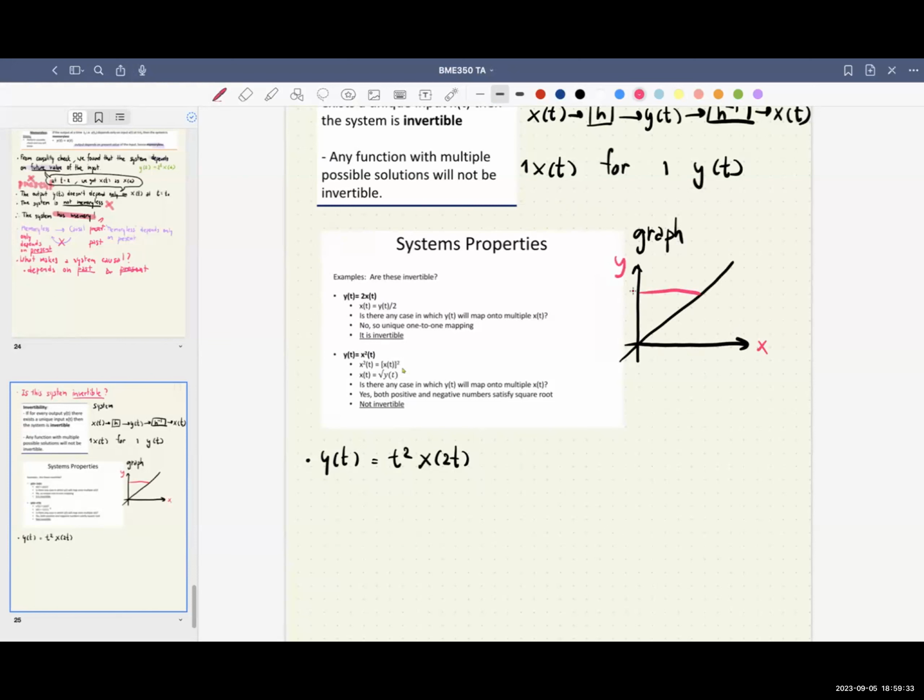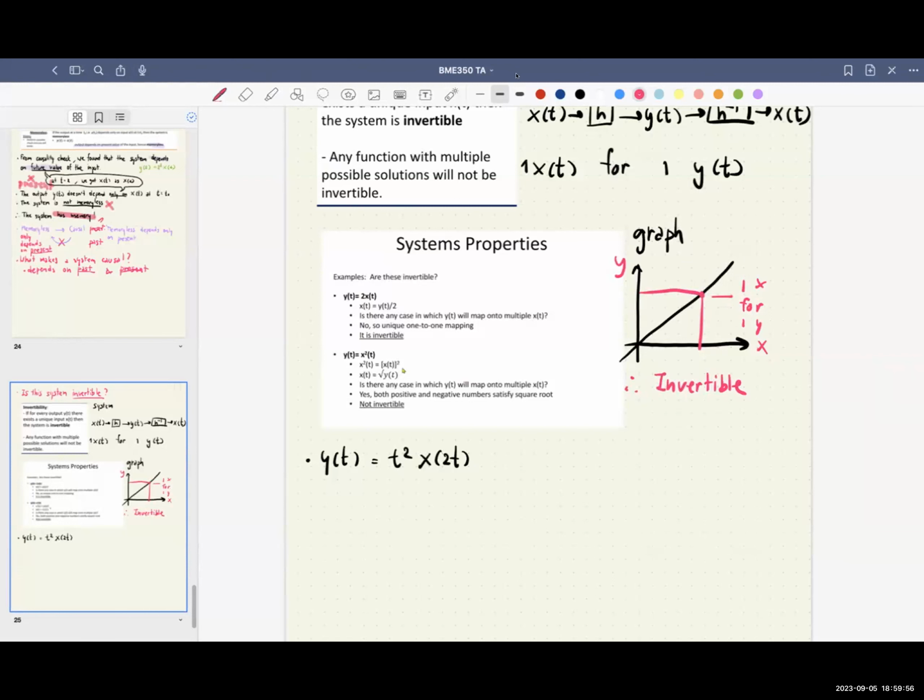So in this graph we can see that we only have one x for one y. Therefore, the system is invertible.